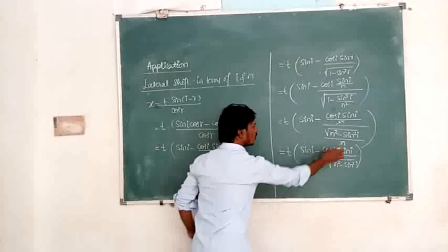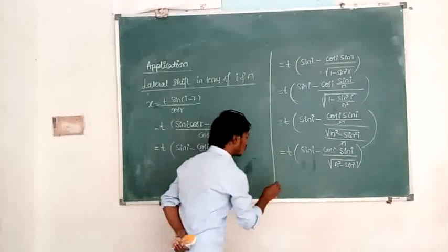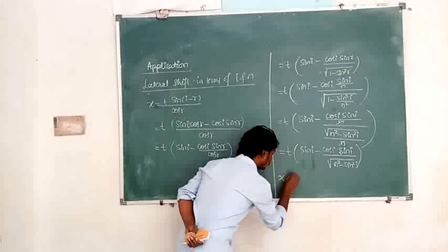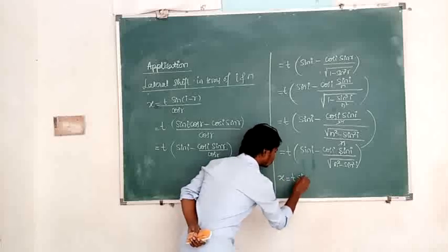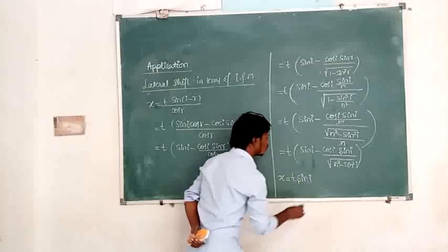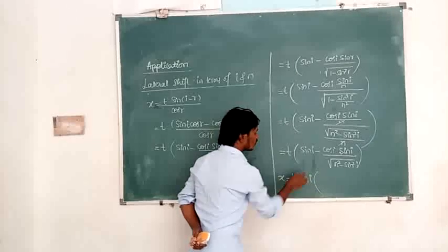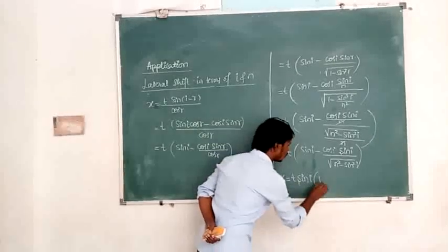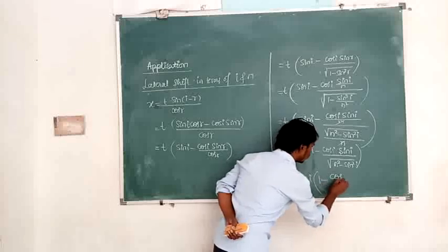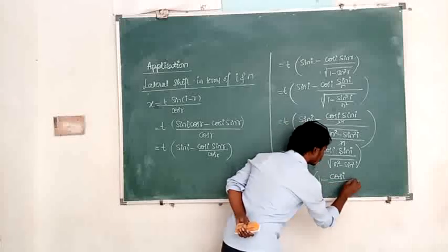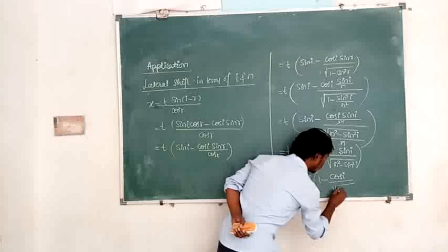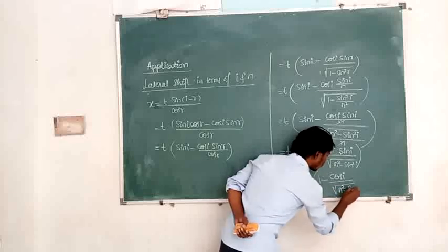What is common here? sin i is common. Then x is equal to t into sin i, where i is the angle of incidence, times (1 minus cos i divided by the square root of n square minus sin square i).